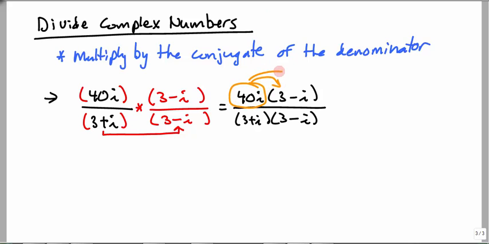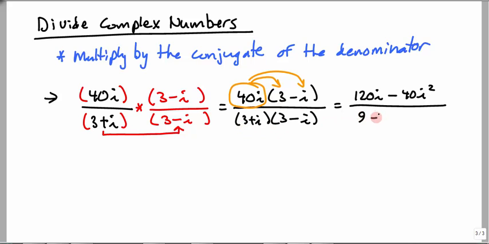The 40i will distribute. So in the numerator, I have 40 times 3 is 120i. 40i times a negative i is a negative 40i squared. Now the denominator, whether you want to use the box method or the FOIL method, doesn't matter. 3 times 3 is 9.